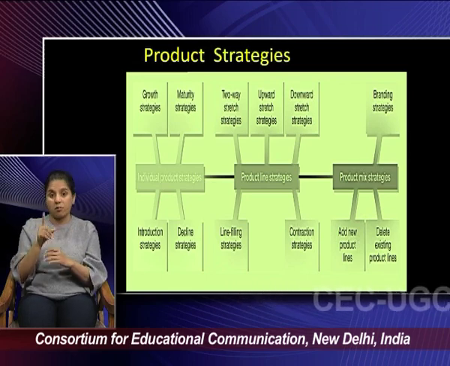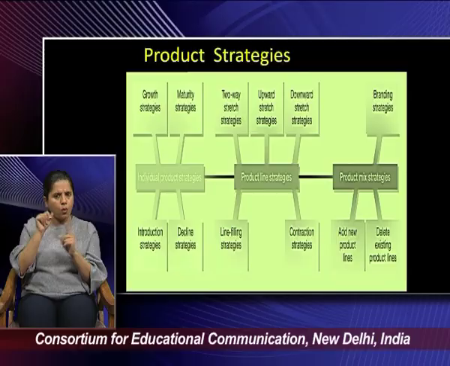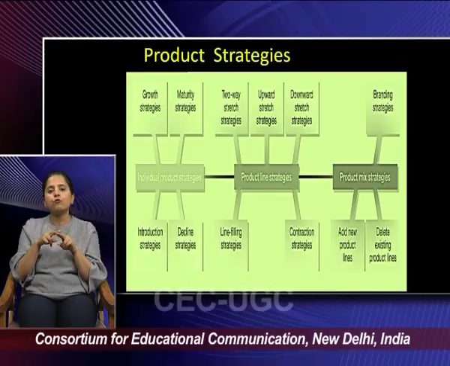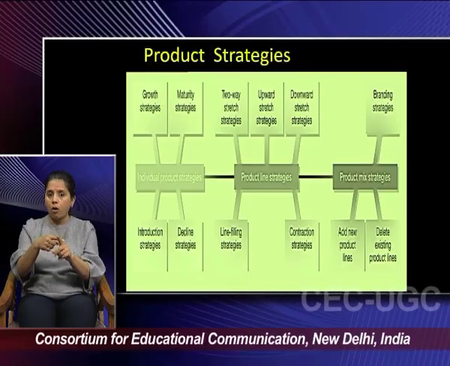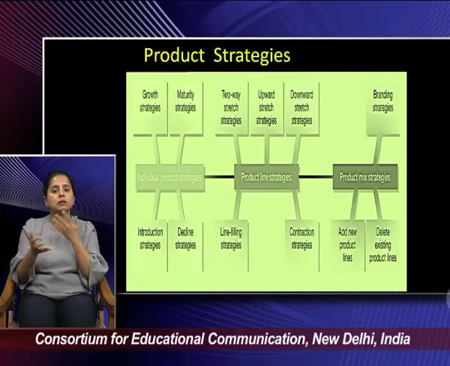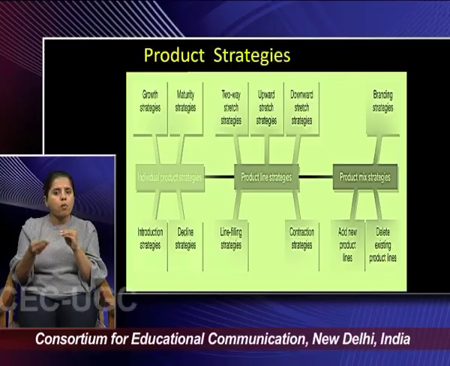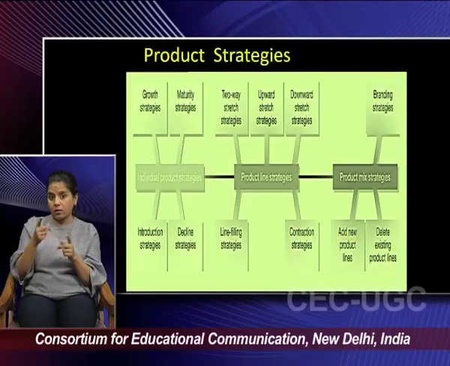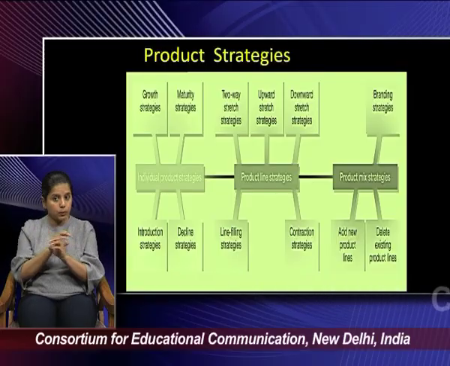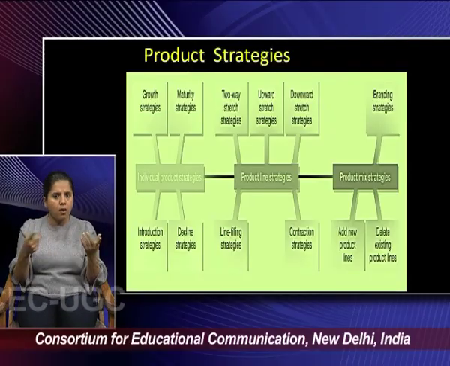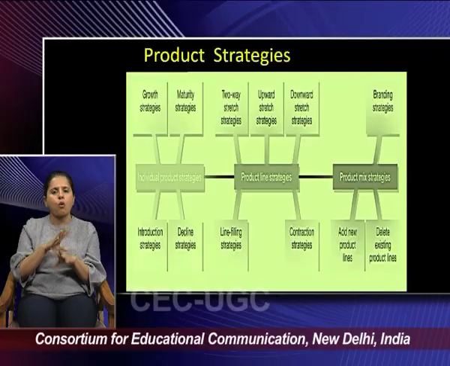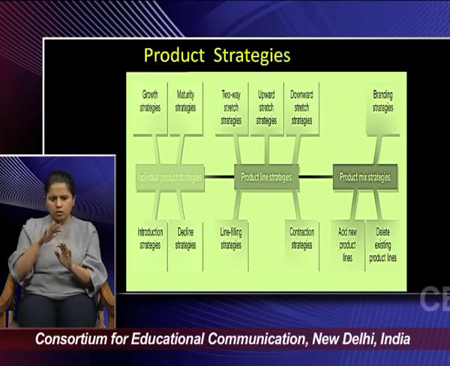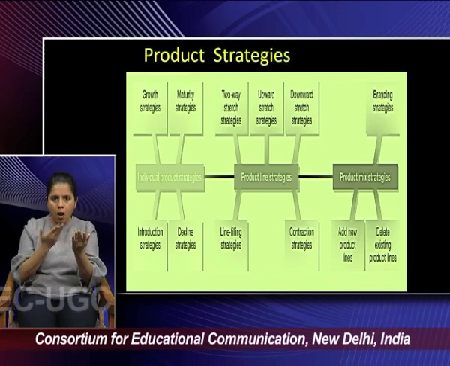But if you look at the strategy behind a product which is coming to us, there is a meticulous process being followed by a marketer, and nowadays it is becoming more and more complex and time bound, because if they are not introducing the right product or modifying the product at the right time, they have every reason to get finished, because their competitors are ready to offer a new product according to the requirement of the customers.